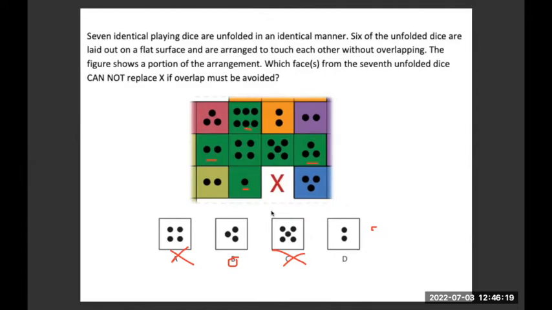The orientation of 2 or the orientation of 3 will give you the correct answer with reference to the orientation of this blue colored 3.